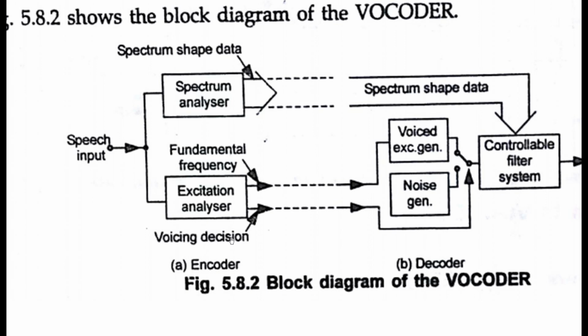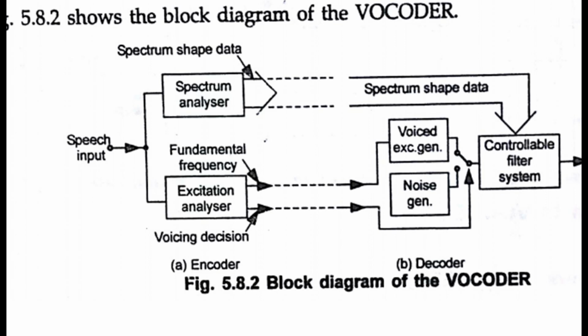And the voicing decision is another function of the excitation analyzer, where it will decide whether the sound is voiced or unvoiced. Voiced sound is the one which has a loud sound, say the vowels A, E, I, O, U. They are loud sounds.